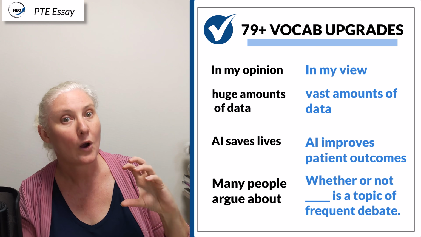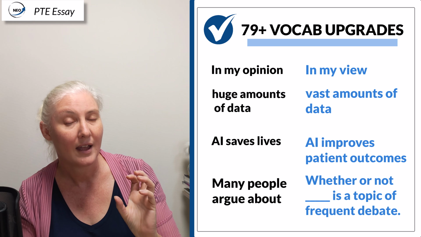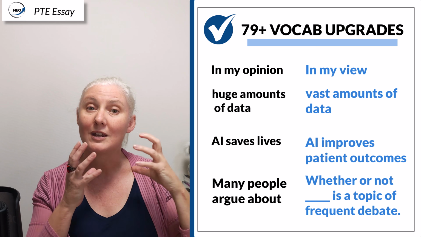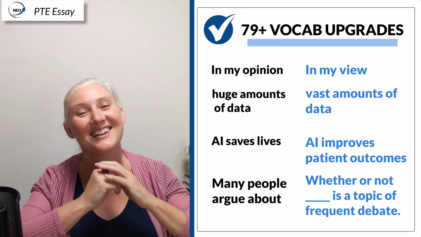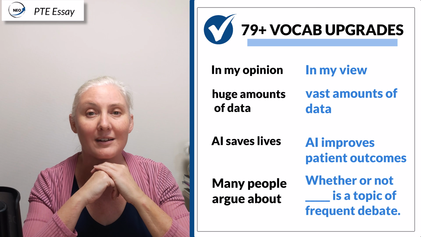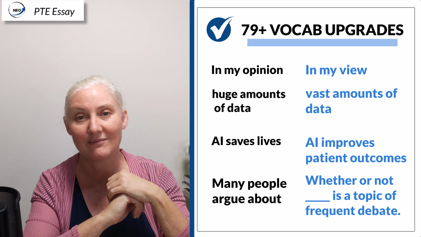But if we say it's a topic of frequent debate, you're focusing on the noun. And academic English likes that. Academic English likes things to be concrete. They like things, ideas as concrete things. So if you say it's a topic of frequent debate, it automatically sounds more academic, which means more points for your PTE essay.